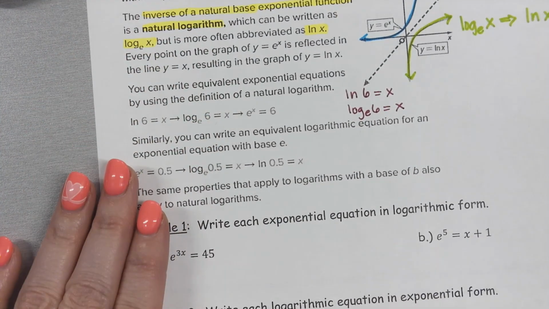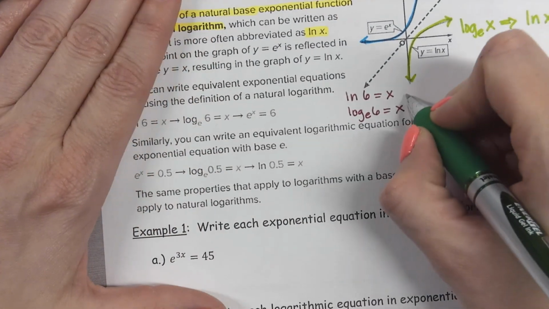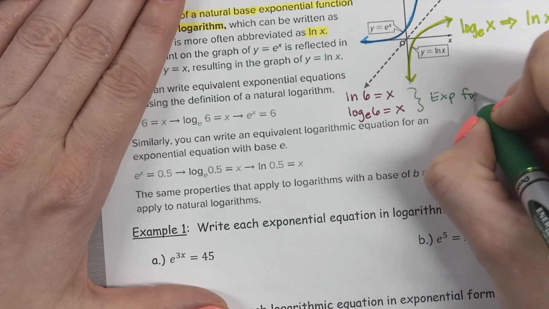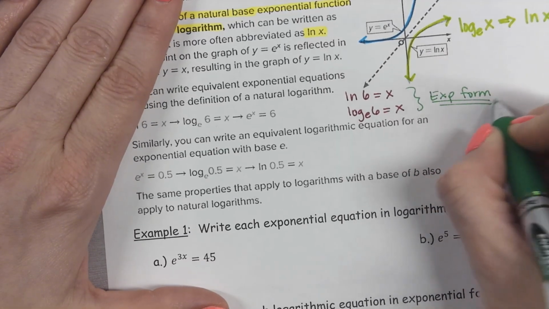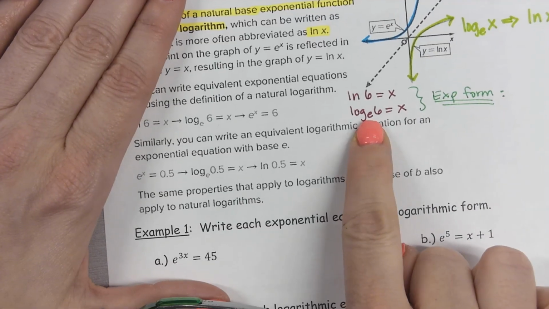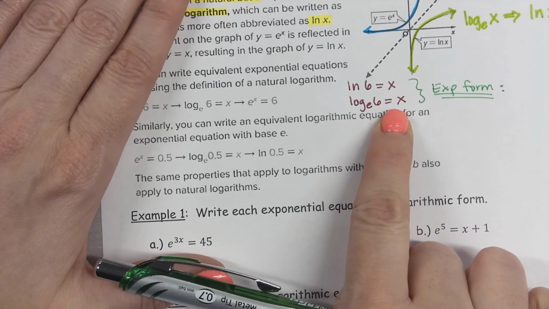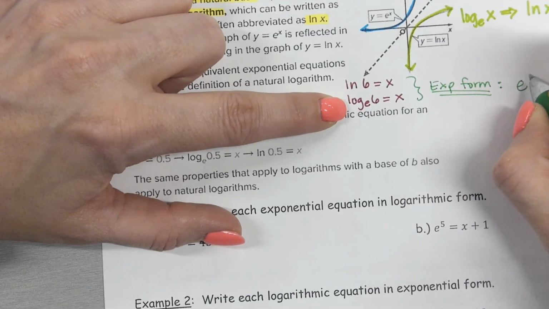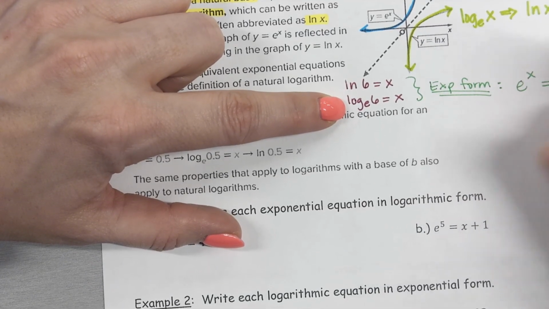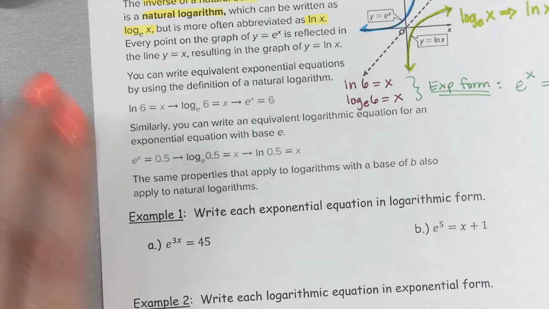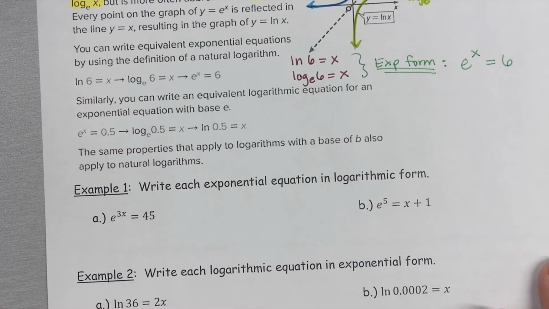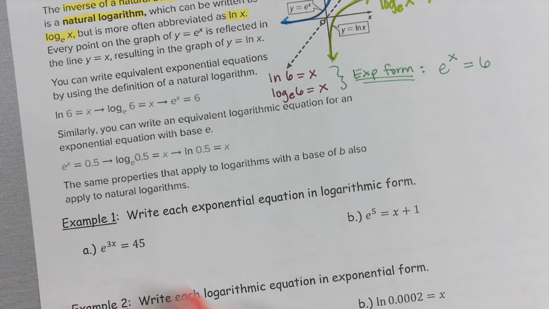So when you're going to write that in exponential form, you're already familiar with that process. Remember, you have your base, your answer, your exponent. So the base of the log is e. The exponent would be x, and it would be equal to 6. So that is going to be your exponential form. And you can go in either direction.